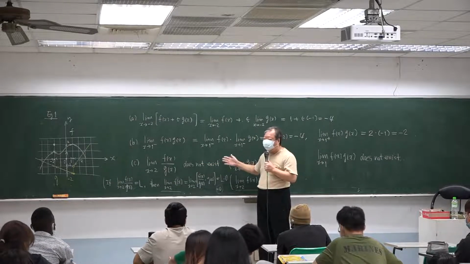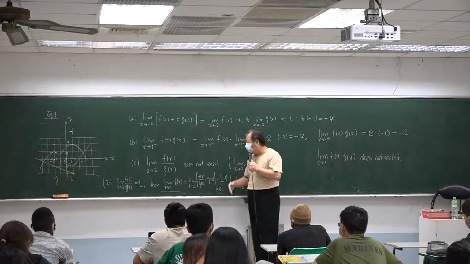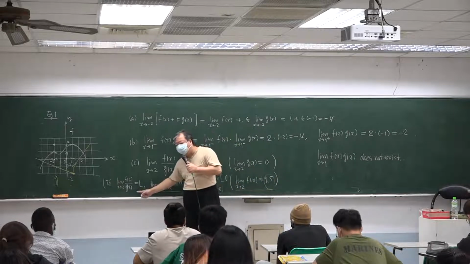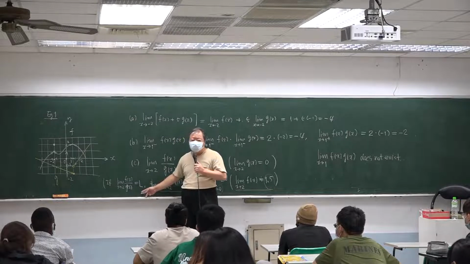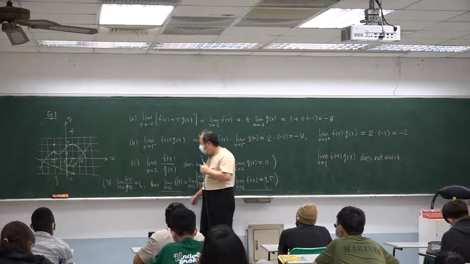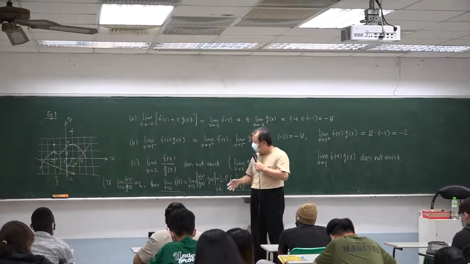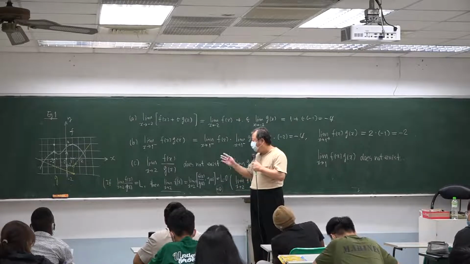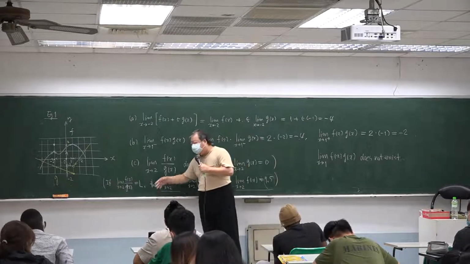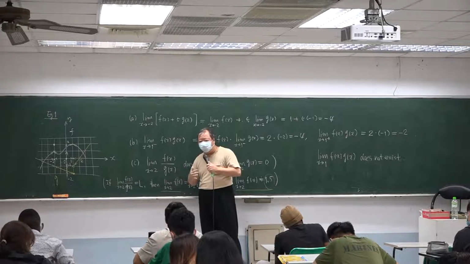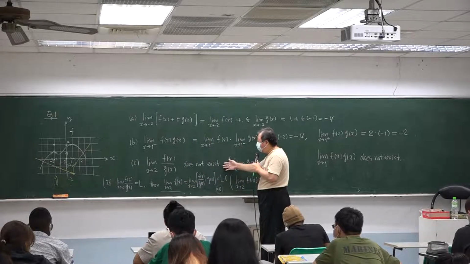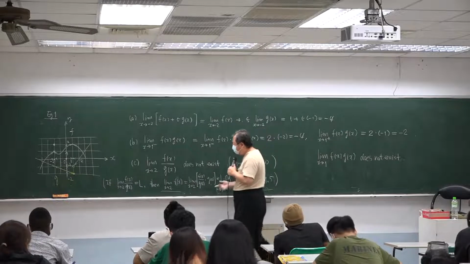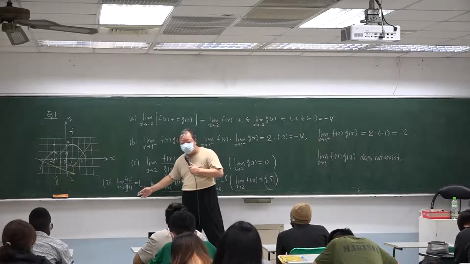Suppose, on the contrary, this limit exists, equals some number L. Maybe very large, maybe very small, or 0 anyway. The fact is it does not exist, but suppose on the contrary it exists, equals L.